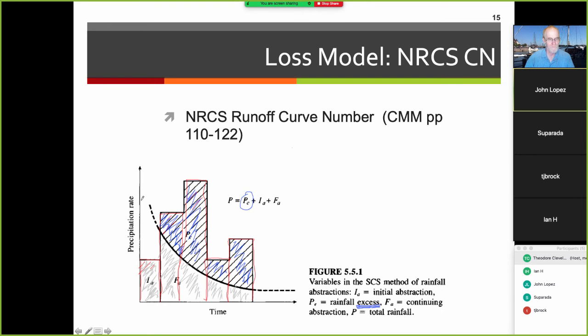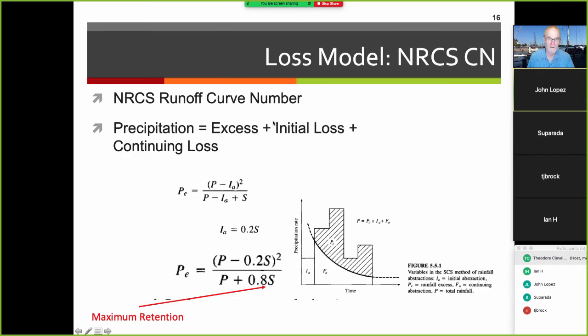So the shape of this curve and the amounts of the blue that's left are related to a property called a curve number. And it's done so with this particular formula. It says that rainfall excess is equal to the raw rain, or the total rainfall coming in, minus the initial abstraction, quantity squared, divided by the raw rain minus the initial abstraction, plus the watershed retention.